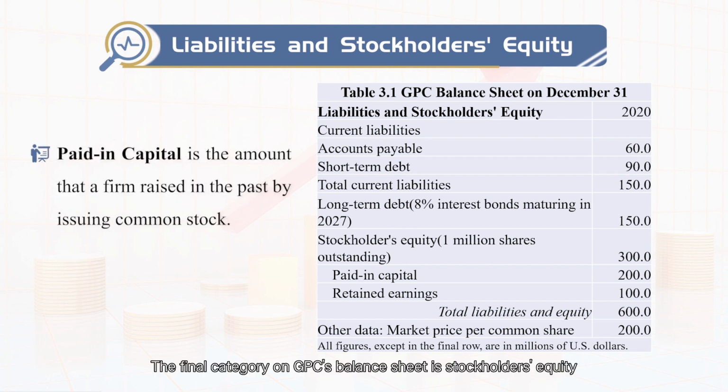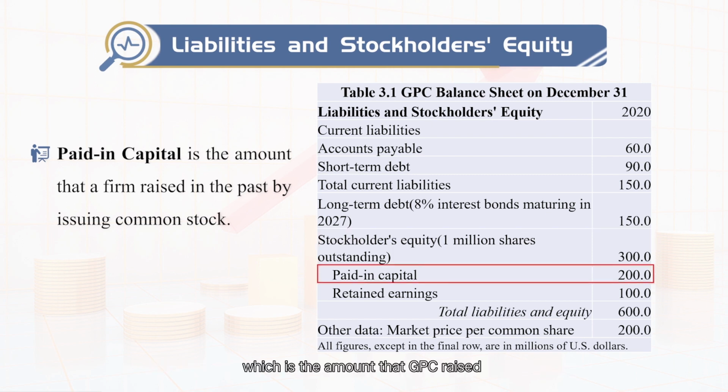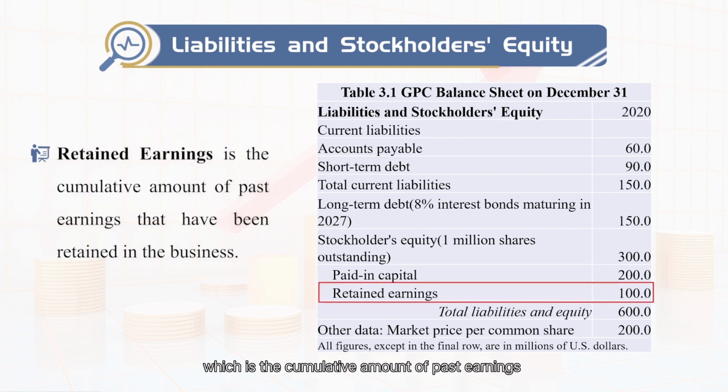The final category on GPC's balance sheet is stockholders' equity. The paid-in capital, which is the amount that GPC raised in the past by issuing common stock, is $200 million. The retained earnings, which is the cumulative amount of past earnings that have been retained in the business, is $100 million.